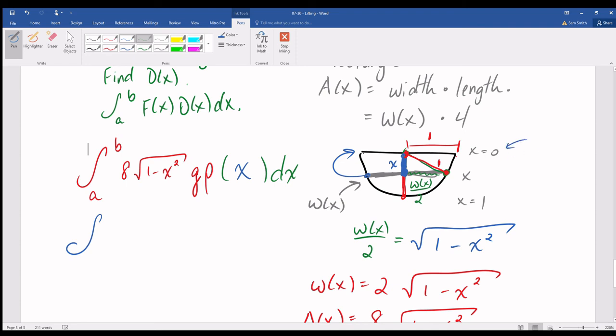I mean lowermost in terms of the lowest value of my coordinate system. So x equals 0 is the lowest x value where the water lives. x equals 1 is the highest x value where the water lives. And my goal would be to integrate 8 times the square root of 1 minus x squared, times g times rho times x, with respect to x over this integral.